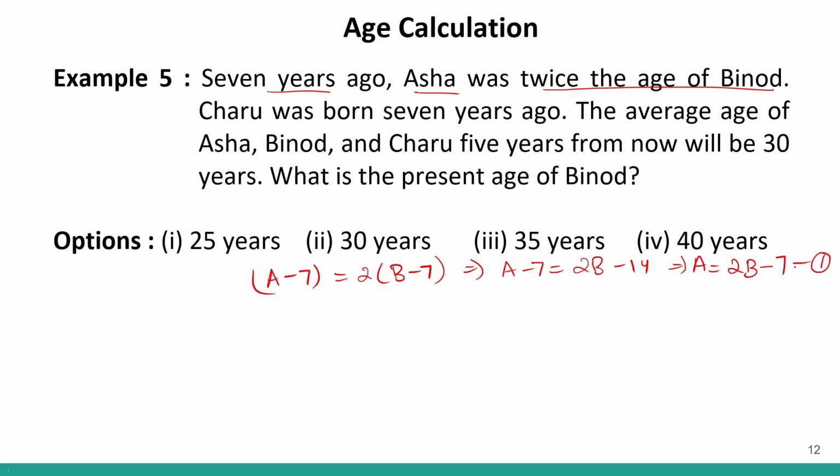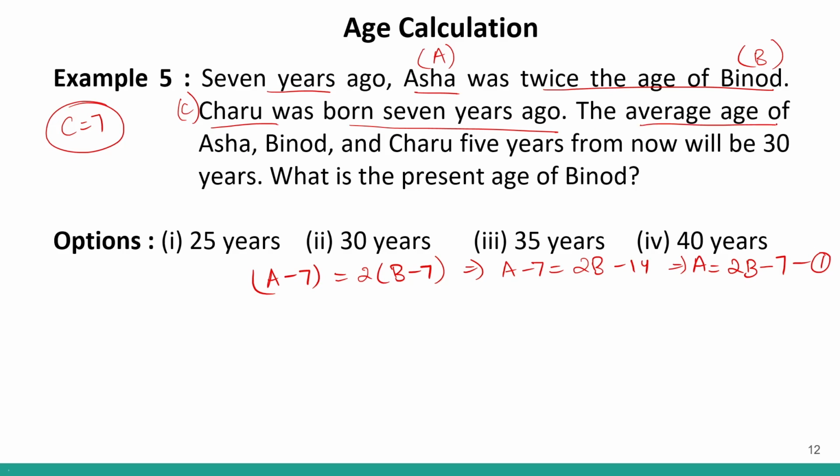This is equation number 1. Now, Charu was born 7 years ago. That means Charu's current age will be 7. I am using A to represent Asha, B to represent Binod, C to represent Charu.